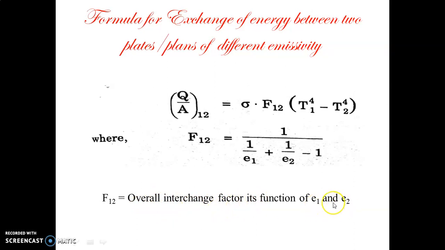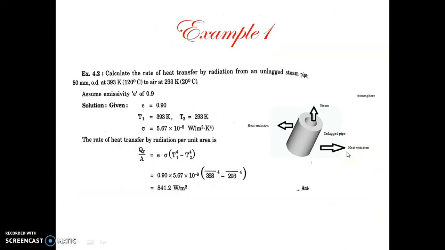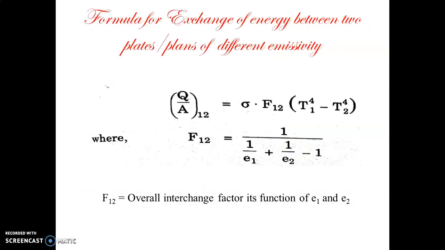E1 is the emissivity of this surface, and E2 is the emissivity of this surface. You have to include this overall interchange factor, and then use T1 to the power 4 minus T2 to the power 4. And how can we calculate the overall interchange factor F12?